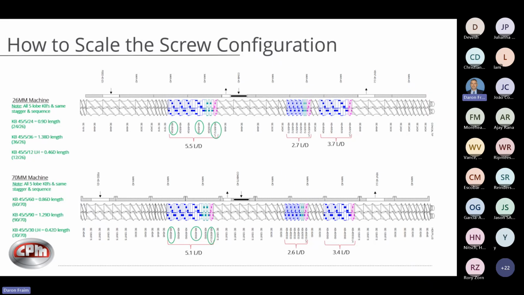Now, one thing on the previous slide, you'll see these two machines are both 10 barrel 40 L over D machines. So it makes life much easier when you're really matching screw to screw, because you have the same process length in terms of length to diameter ratio.